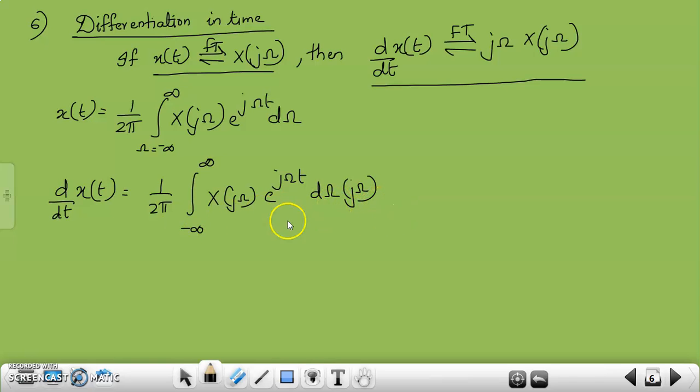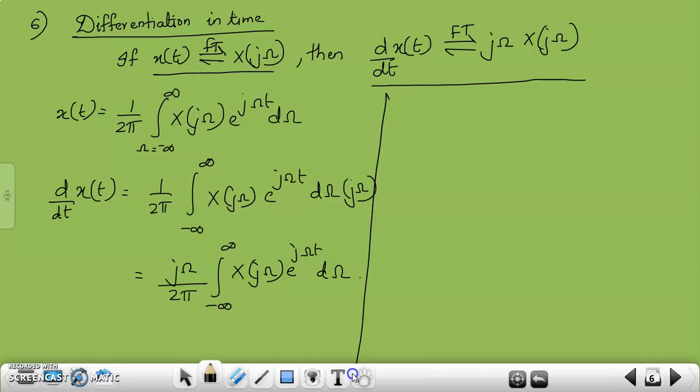Now I can write this as j omega by 2 pi integral from minus infinity to infinity x of j omega e raised to j omega t d omega. Now I am going to take the Fourier transform of d by dt of x of t.